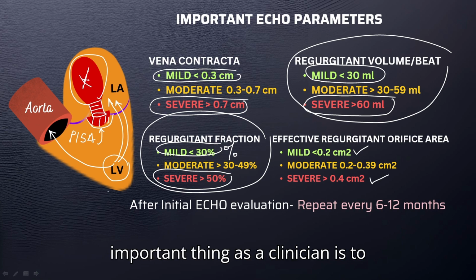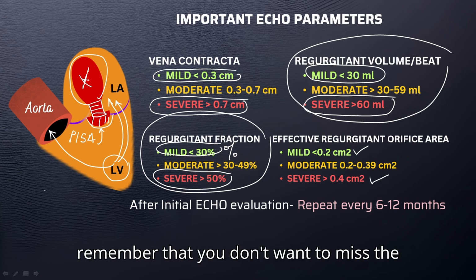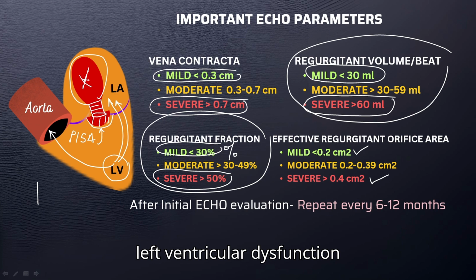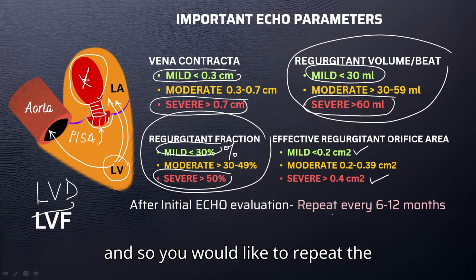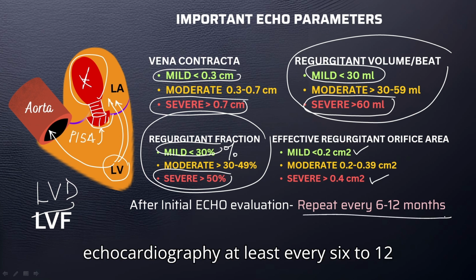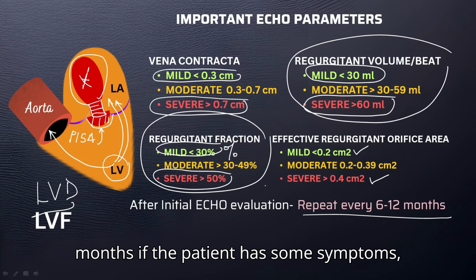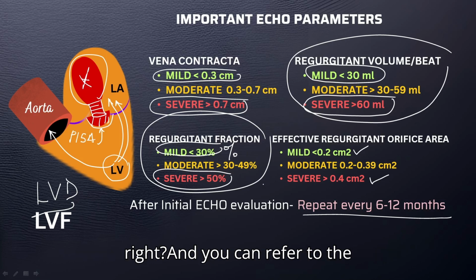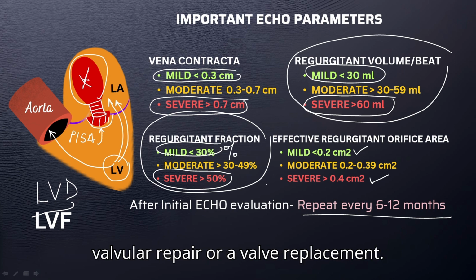So the important thing as a clinician is to remember that you don't want to miss a left ventricular dysfunction. And so you would like to repeat the echocardiography at least every 6 to 12 months if the patient has some symptoms, right? And you can refer to the surgical department for, say, a valvular repair or a valve replacement.